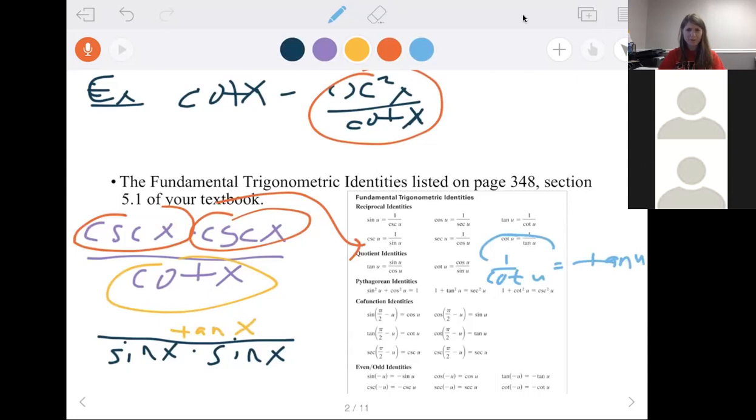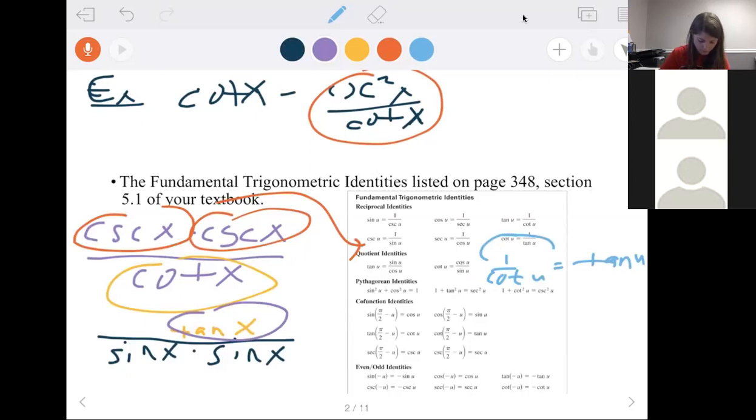Now, is it the only way to do it? No, right? But again, probably what I would do if I looked at it, get rid of all the reciprocals by moving them. Then I would think, this is tangent, which is really sine over cosine. But instead of writing it as a separate piece, let's take this and break it up as sine, and then I'm going to have a cosine drop to the bottom.